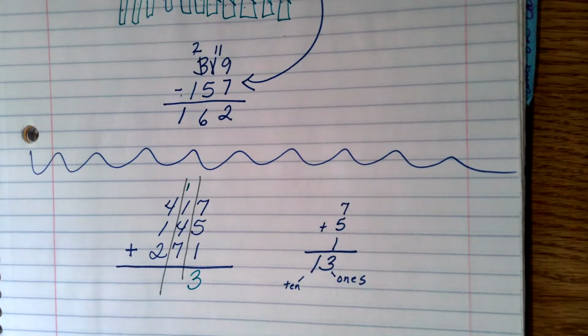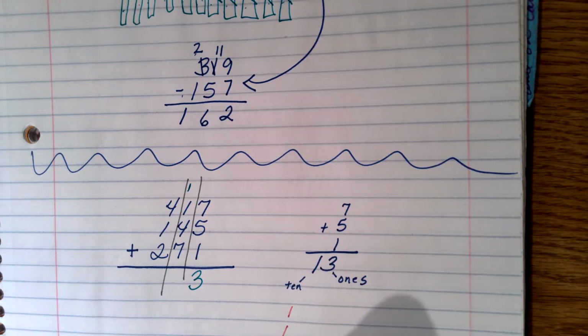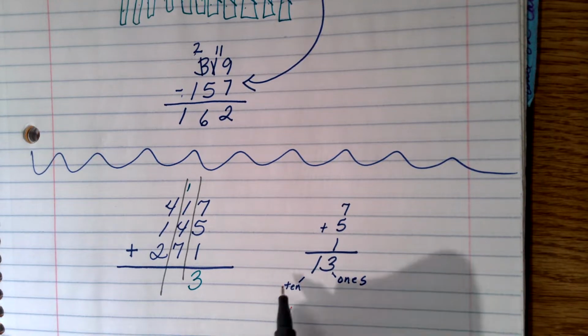Now I'm going to add together my tens. So let's look at tens. I've got 1 plus 1 plus 4 plus 7. Again, these are all tens.